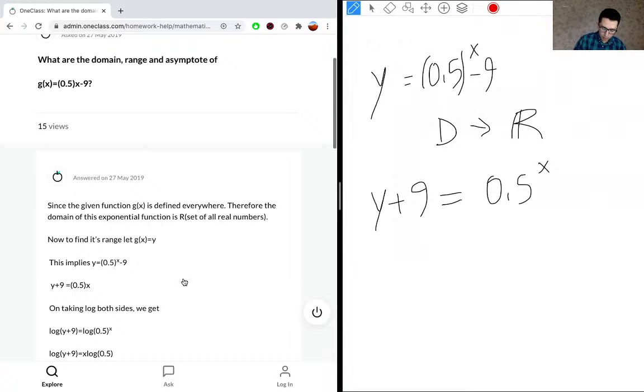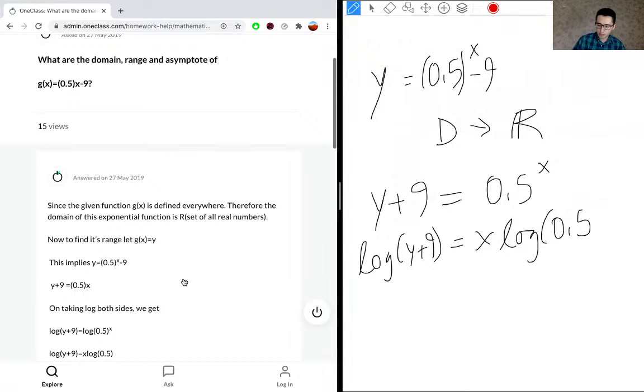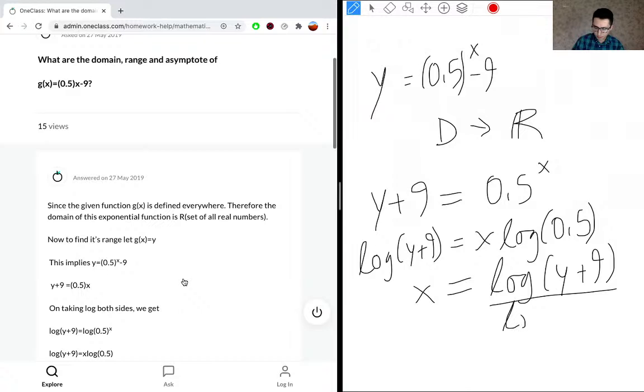So log of y plus 9 equals x log 0.5. We just move the exponent down to the front. That's one of the properties of logs. And then we isolate for x. So x equals log of y plus 9 over log 0.5. The main reason we're doing this is to see if there are any asymptotes.